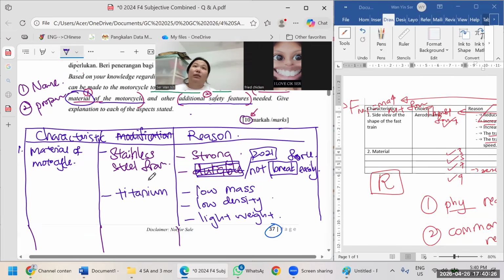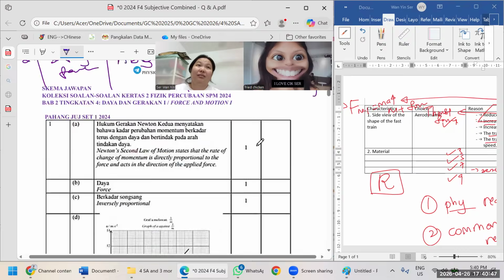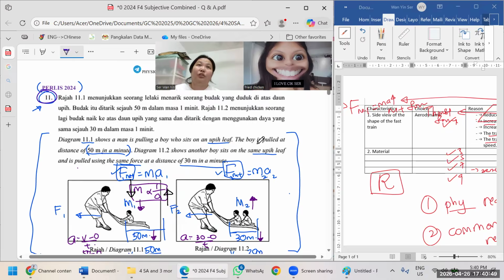Okay, so the rest you can check your answer. The format to answer is like this. The rest you all can check answer. That's why we give you answer. Really no time to discuss all with you. So do and check answer.